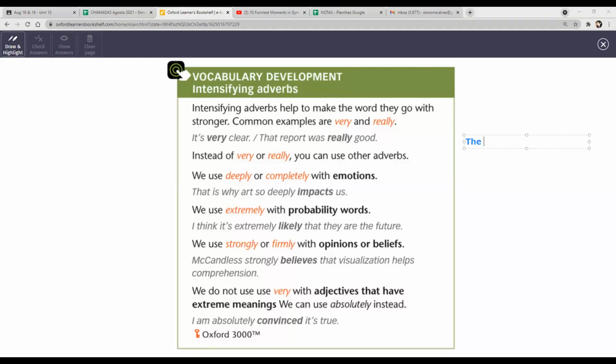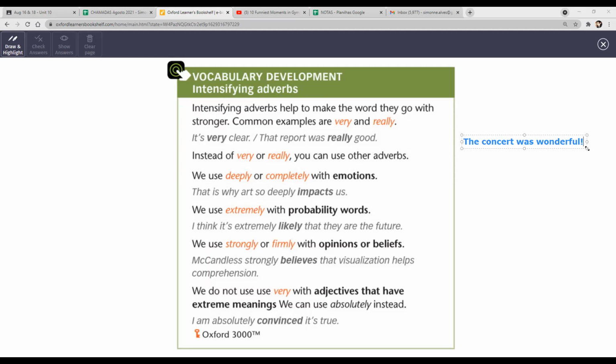Suppose I went to a concert last night by my favorite band and I loved the concert. It was a great performance. So I will say, the concert was wonderful. If you ask me, Simone, how was the concert yesterday? I tell you, it was wonderful. I loved it.